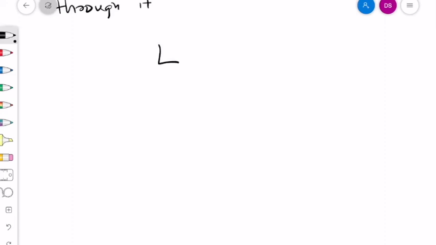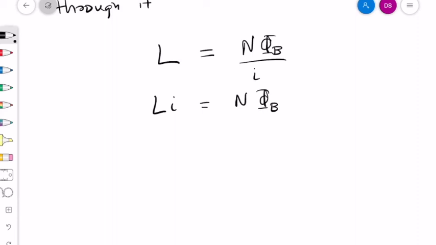So the inductance of a solenoid is the total flux, so that's N times phi B, divided by the current, the total magnetic flux divided by the current, right? Let's multiply both sides by I. So L i is equal to N phi B. And then let's take a derivative of both sides with respect to time.